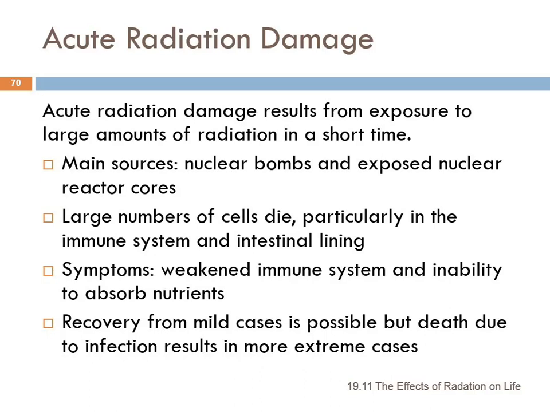So you can eat food, but your body just can't absorb the nutrients from it. It is possible to recover from a mild case, but the more extreme cases usually result in death, usually due to infection. It's not that the radiation killed you directly, but it weakened your immune system so badly that any little infection comes in and gets you.